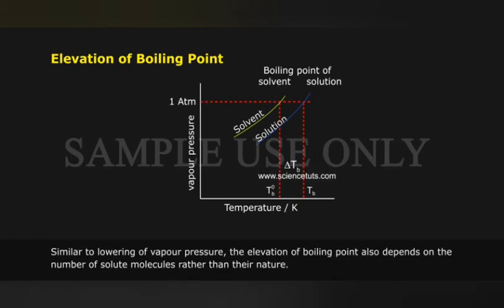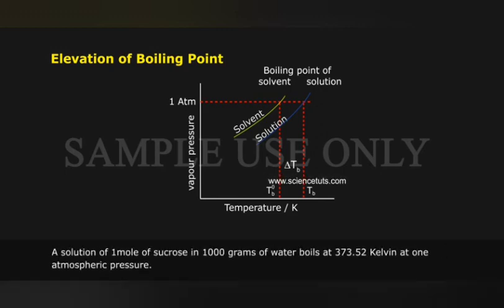Similar to lowering of vapor pressure, the elevation of boiling point also depends on the number of solute molecules rather than their nature. A solution of 1 mole of sucrose in 1000 grams of water boils at 373.52 Kelvin at 1 atmospheric pressure.